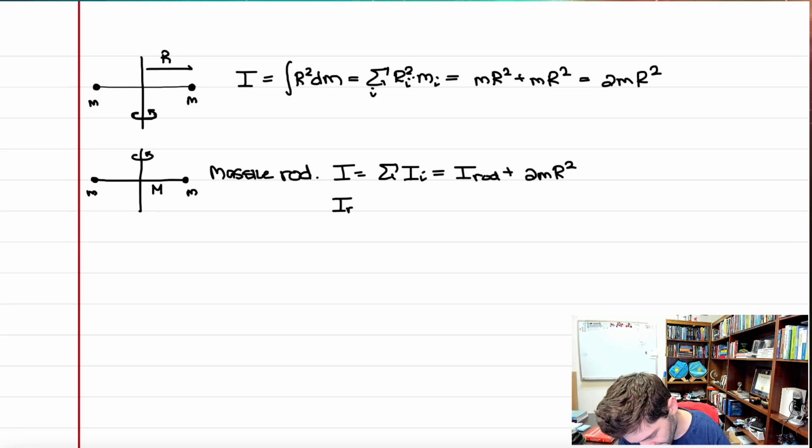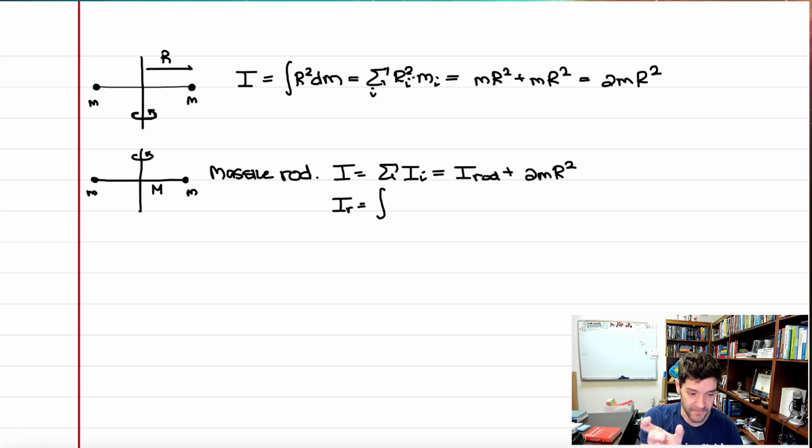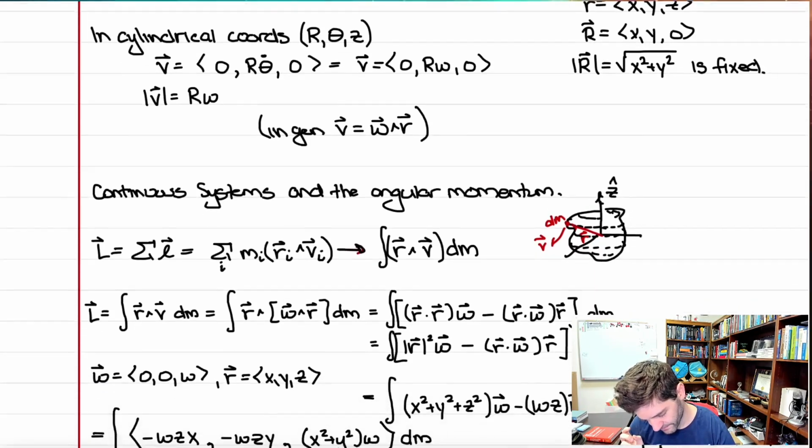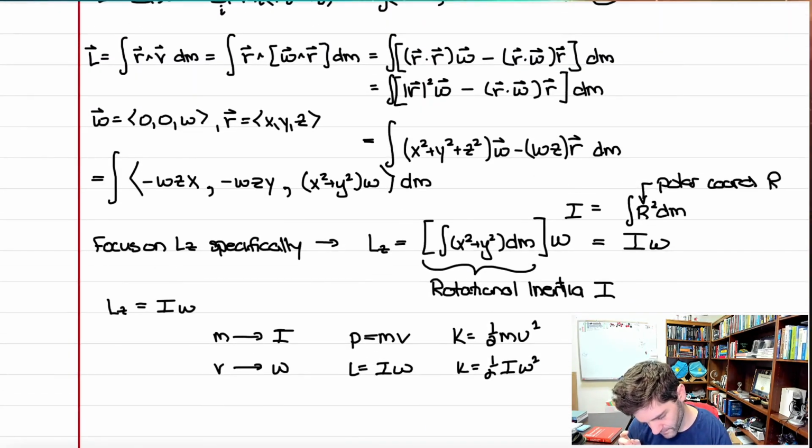So I of the rod is going to be the integral of the distance from the axis of rotation. Maybe I shouldn't have used capital R for the distance to the two masses, because if we go back to our general definition, the positions of all these individual mass elements are changing.